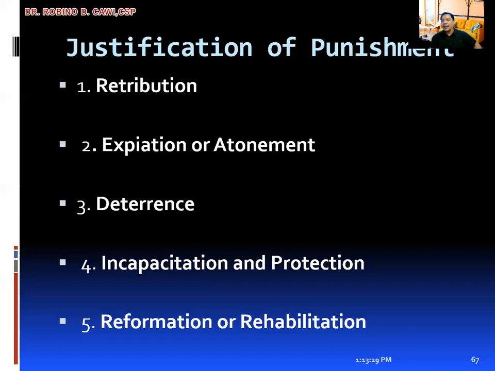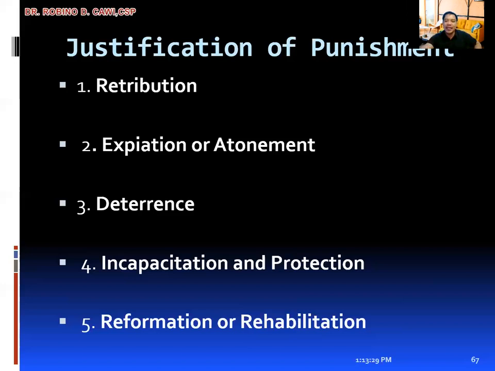And the punishment works both ways. It provides fear of committing crime on the part of the offender, and it provides fear of committing crime on the part of the people who witnessed how the punishment was imposed.